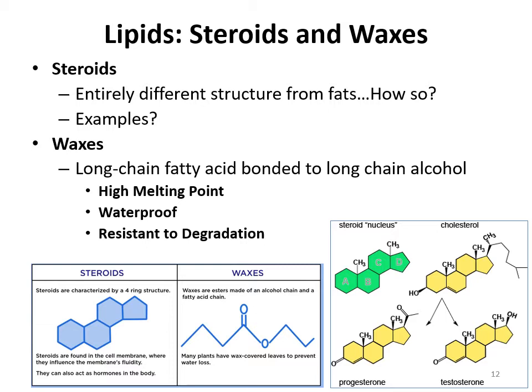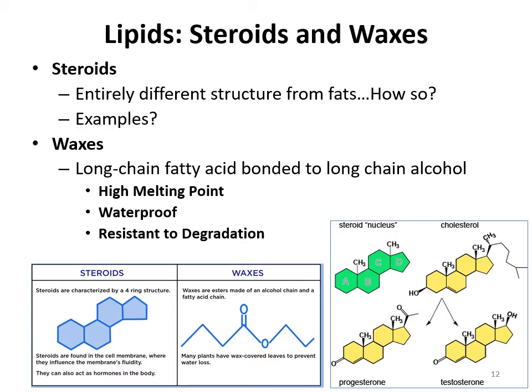The other 2 steroids that I want you to know, because most people do not think of these when they hear steroids, testosterone and estrogen. Both of those sex hormones are examples of steroids. Okay, so when you see what are the examples of steroids, I want you to remember cholesterol, testosterone, and estrogen.